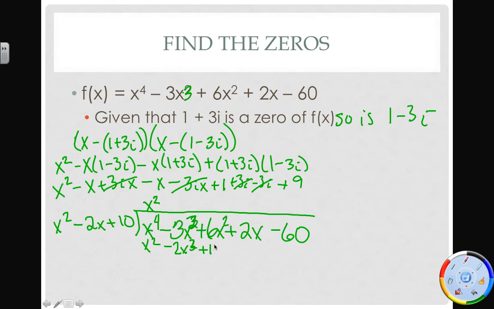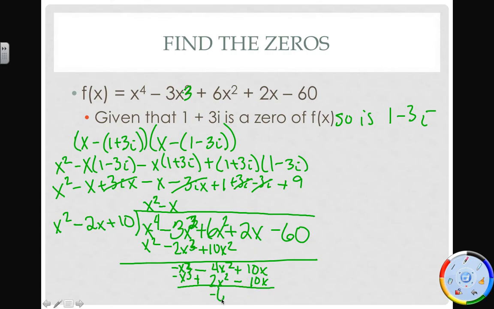Okay, 10x squared. And here I get negative x cubed minus 4x squared plus 10x. Get a minus x, which gets a negative x cubed plus 2x squared minus 10x.